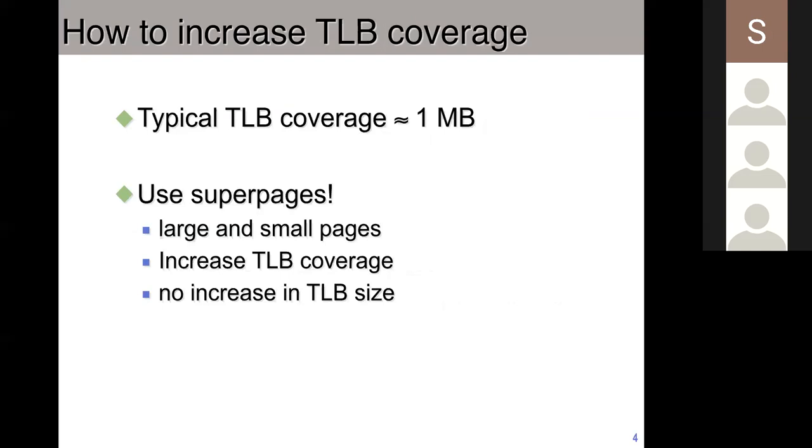We don't want applications to know, just like when you use virtual memory, you don't need to know that you're using regular pages. Similarly, when you're using superpages, you don't want applications to know about it. We want to be able to use a mix of superpages, large pages, and small pages, use them when we want, and stop using them when we don't want them anymore. All this has to happen behind the scenes without the applications' knowledge.